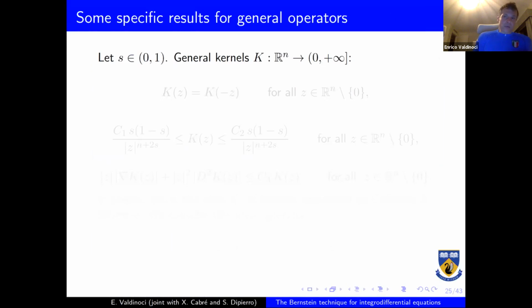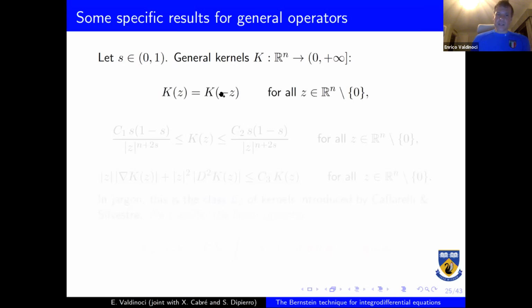So what I would like now to address in further details is what happens when you don't have the fractional Laplacian, but you have a general integral operators. So I consider operators in the so-called L2 class.